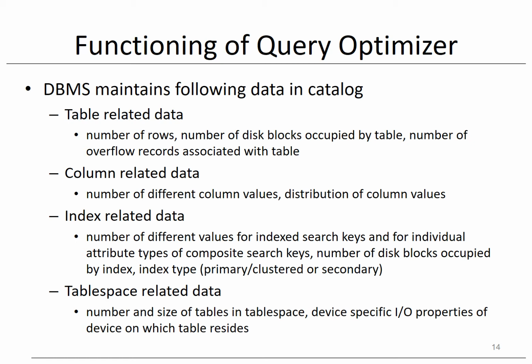Index-related data, such as number of different values for index search keys and for individual attribute types of composite search keys, number of disk blocks occupied by the index, and index type such as primary, clustered, or secondary. And finally, tablespace-related data, such as number and size of tables in the tablespace, device-specific I/O properties of the device on which the table resides.